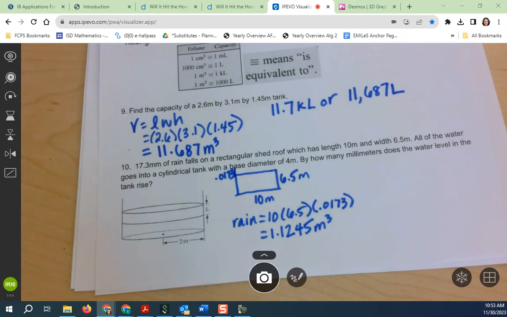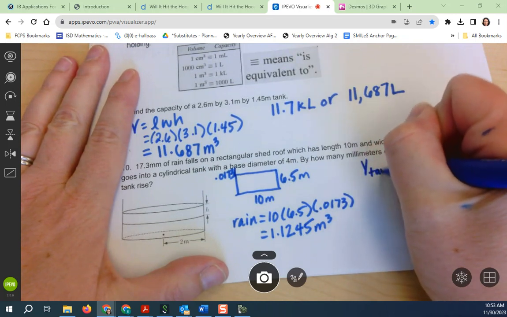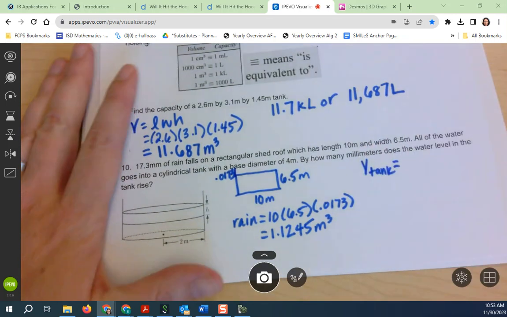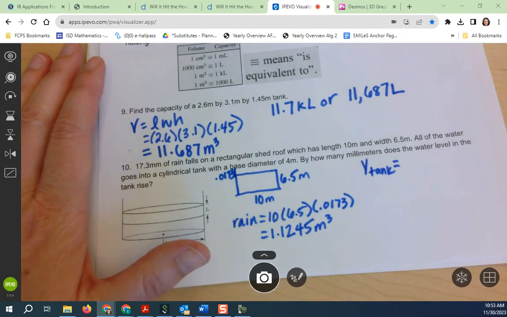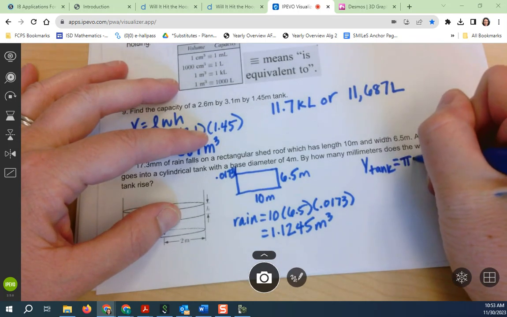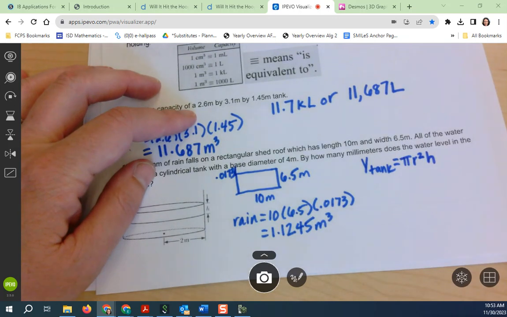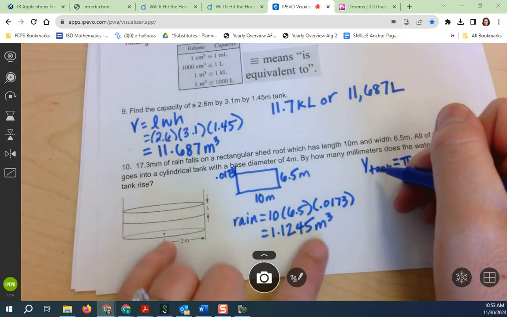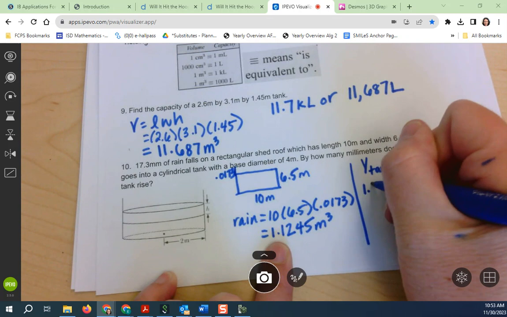All right. So the volume of the tank is going to be, there is a formula for the cylinder, but it's still the area of the base times the height. So the area of the base is pi r squared, and then the height of the cylinder. And the volume in the tank is going to be this number that we just found. This is how much rain went into it.